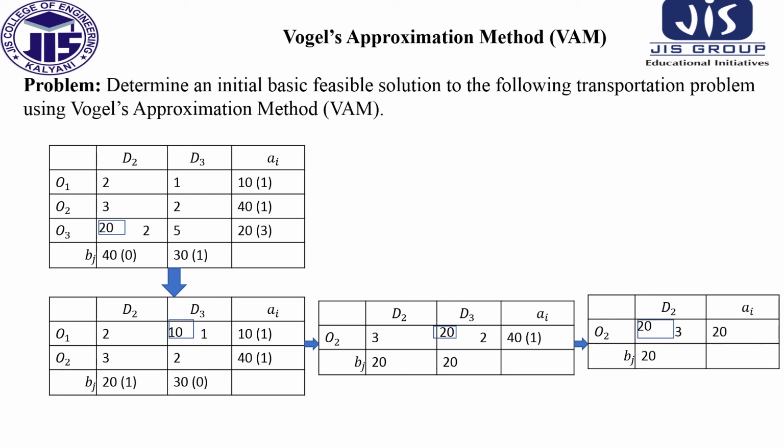So between these two, 20 is the minimum. So allocate here 20 in the 3 2 cell. If we allocate 20 in the 3 2 cell, the supply value will be 20 minus 20, 0, and the demand value will be 40 minus 20, this will be 20.